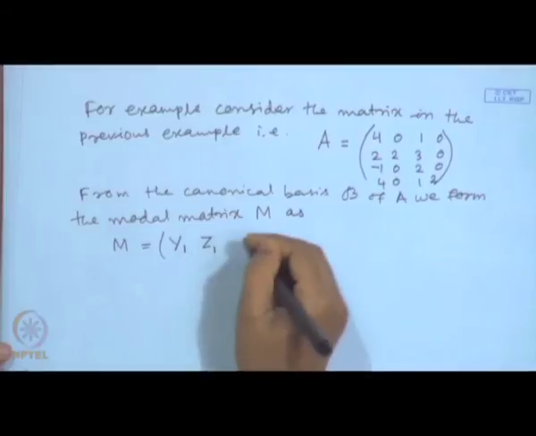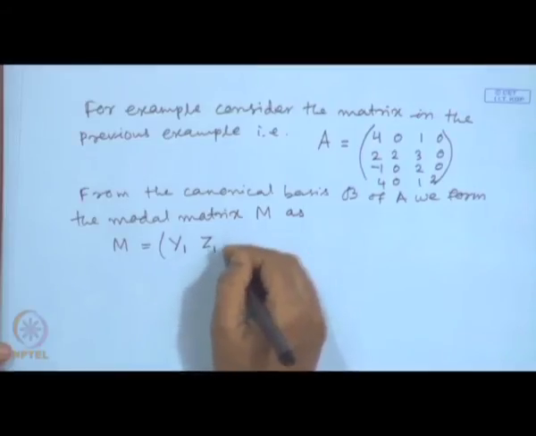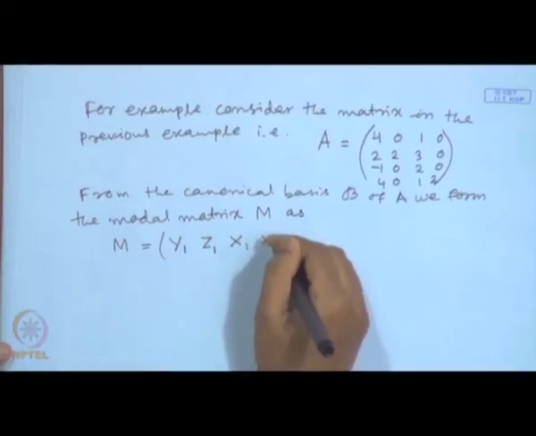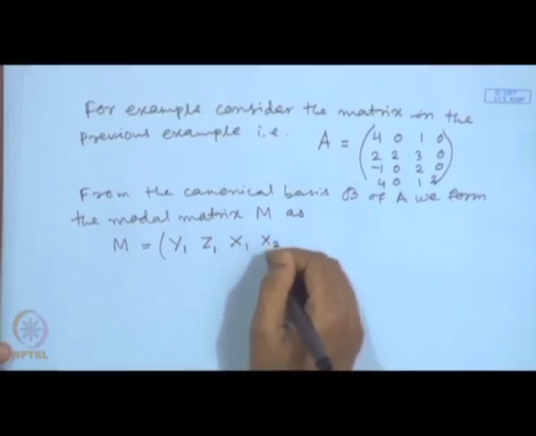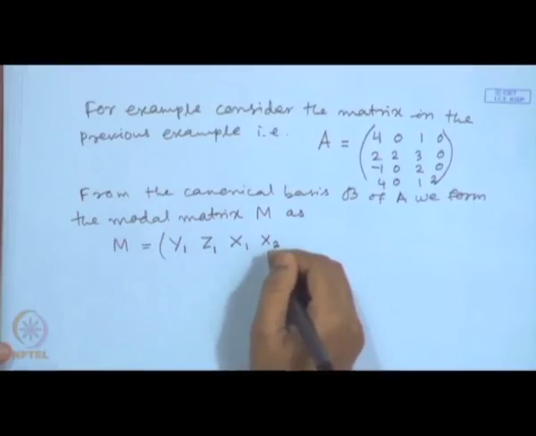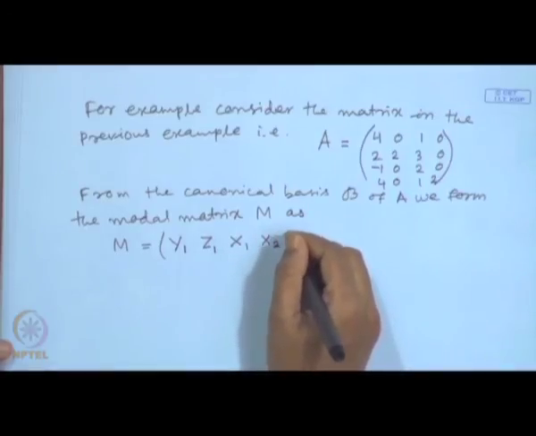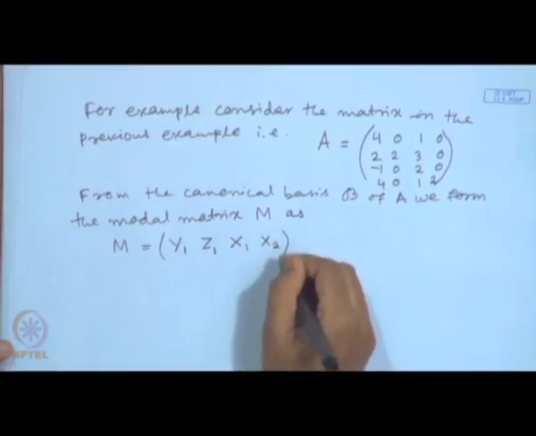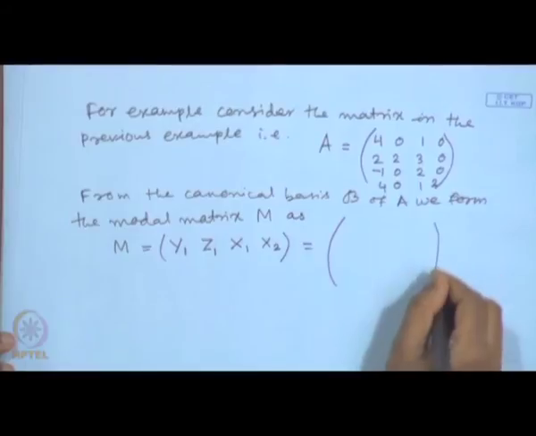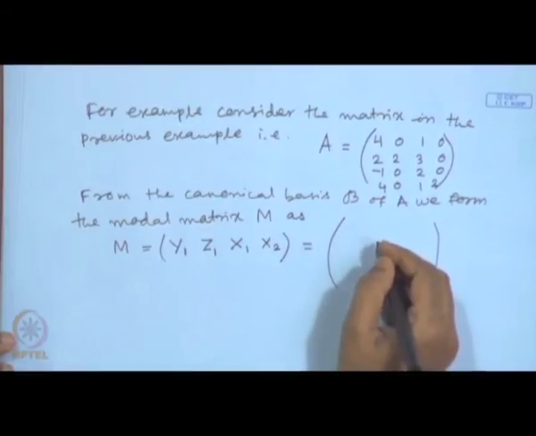So, z1 is also only one vector in the chain, and then x1 and x2. Here x1 and x2 form a chain, and we have to write them in their increasing type. That means x1 is type 1 and x2 is type 2. So, therefore, we get this modal matrix M like this.